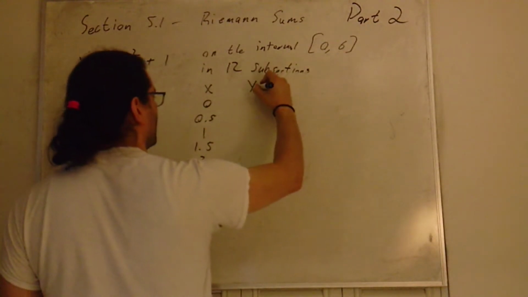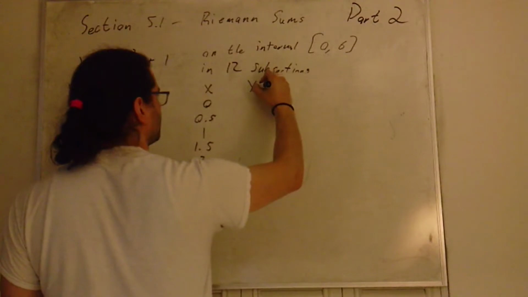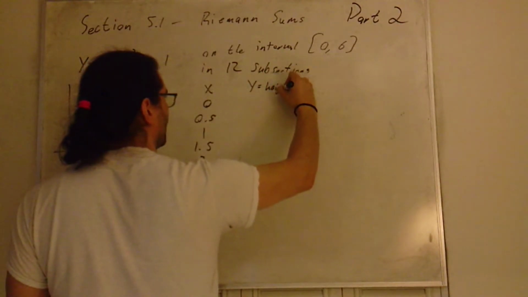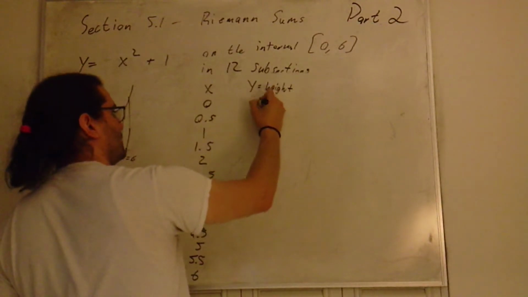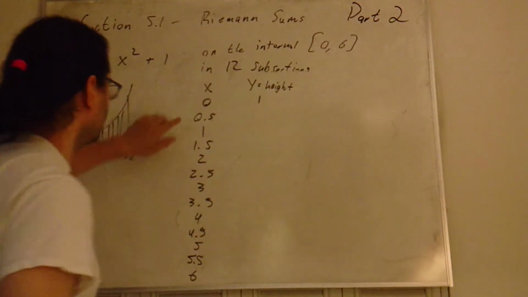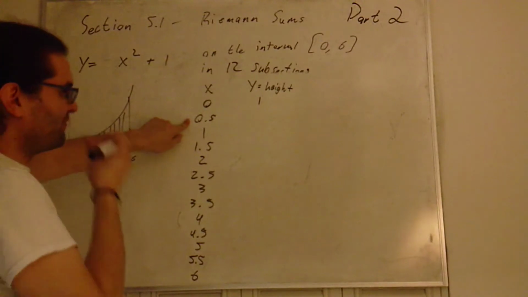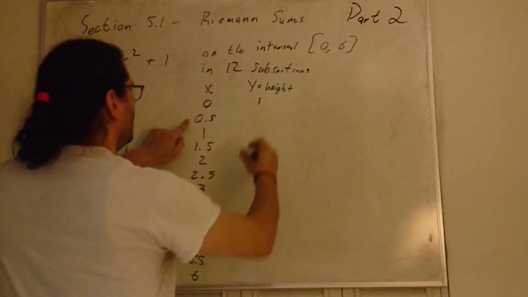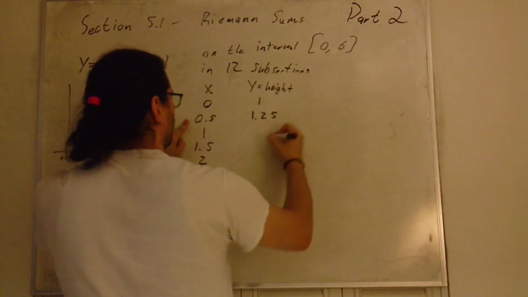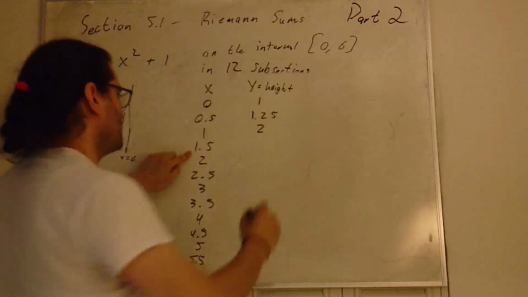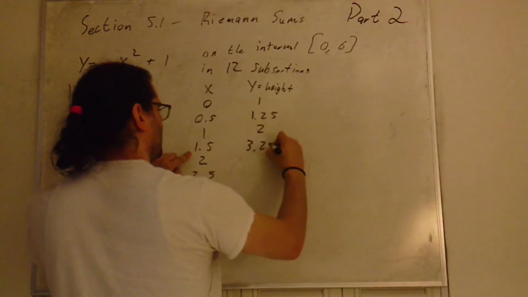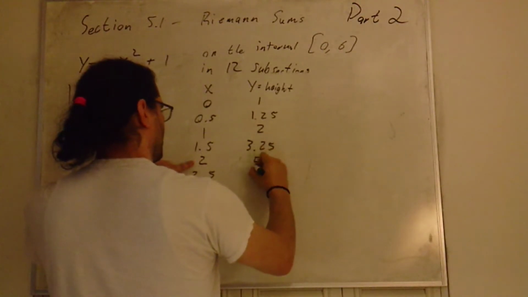I need y values to be my heights. And half of these I already know. I know the height here will be 1. The height here, squaring 0.5 gives you 0.25. So this will be 1.25. This will be 2. This will be 3.25. This will be 5.